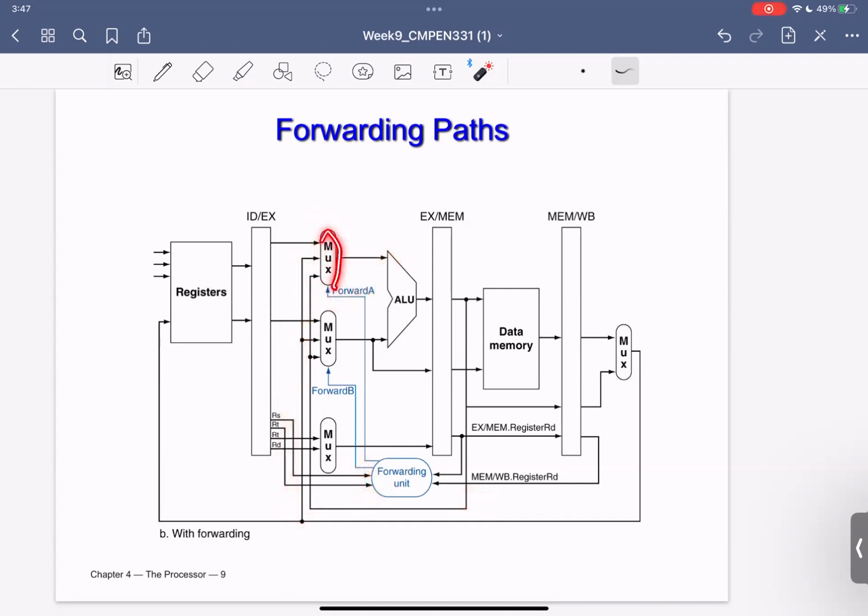Whatever is applied to the very first multiplexer as selector forward A is applied exactly to the other multiplexer with selector forward B. And by doing this, I can easily choose exactly where to forward from to my ALU.